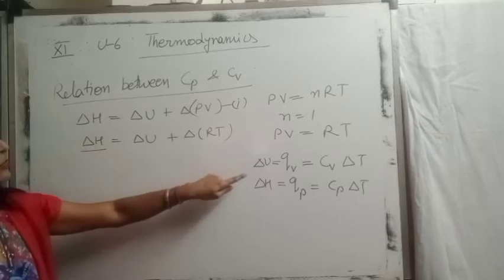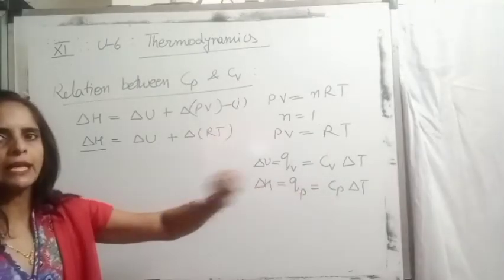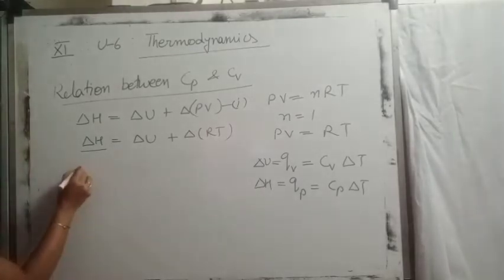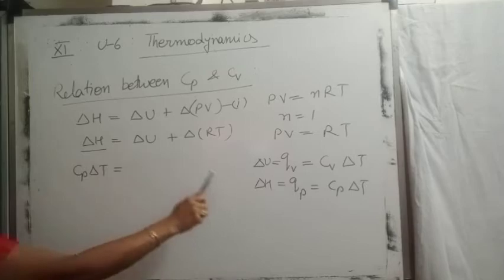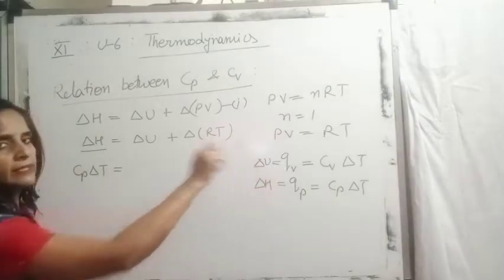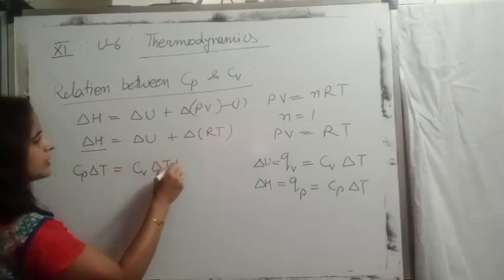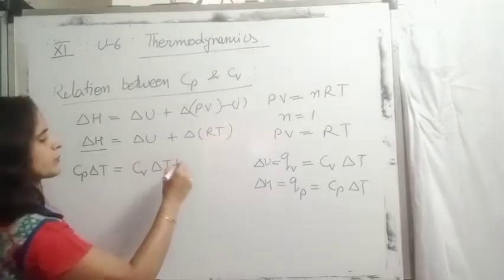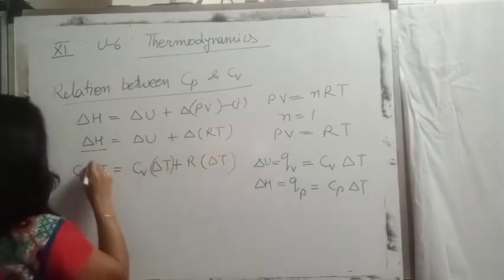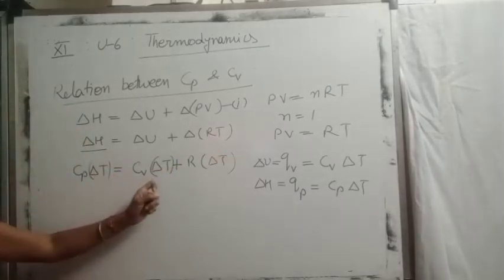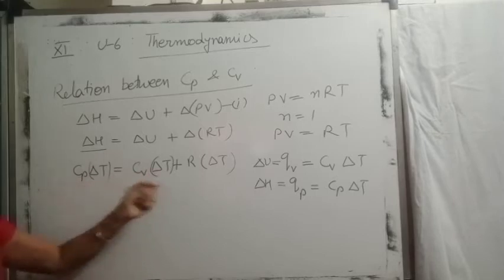When we substitute these values, in place of delta H we write Cp delta T. So Cp delta T equals, in place of delta U, Cv delta T, plus R, which is constant, times delta T. Just check here children, when we take delta T common, delta T cancels out.